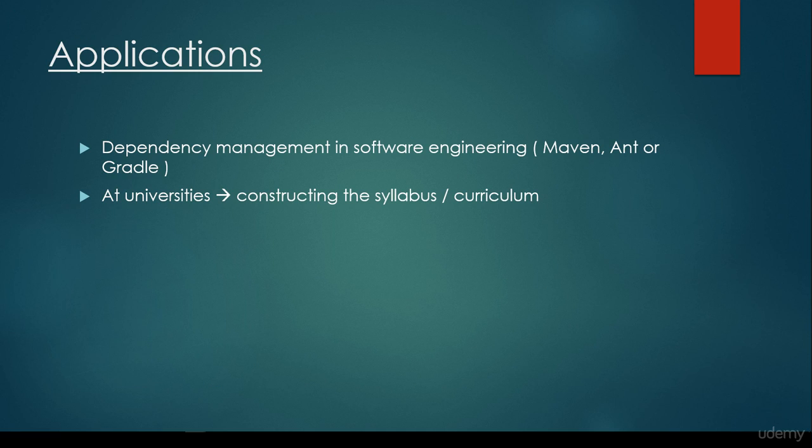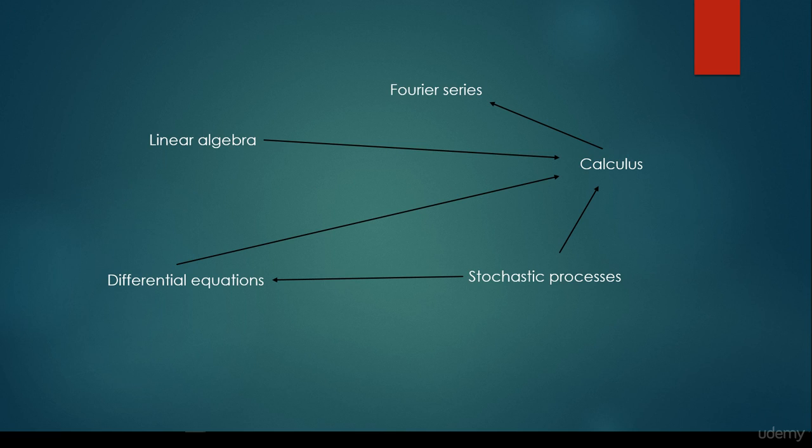What are the applications? For example, dependency management in software engineering with Maven, Ant, or Gradle. And for example, at universities, constructing the syllabus or the curriculum. Let's suppose the fact that we have 5 subjects we have to complete: Fourier series, calculus, linear algebra, differential equations, stochastic processes. Of course, there are some constraints.